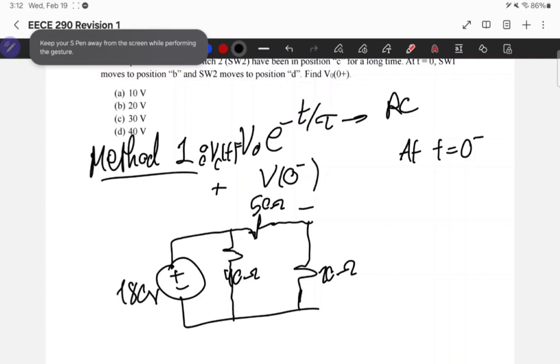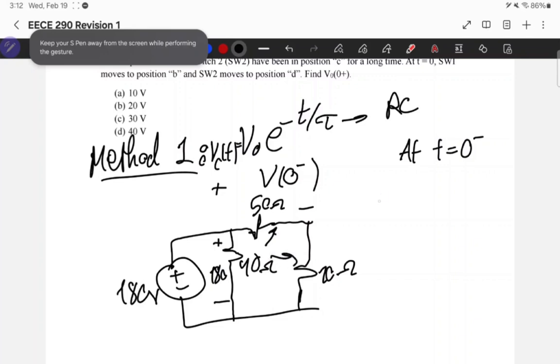Here we have a 40 ohm resistor, and I need the voltage across the 50 ohm resistor. So what I can do is exactly voltage divider, because the voltage from here to here is 180, and this 180 is getting split between 50 and 10.